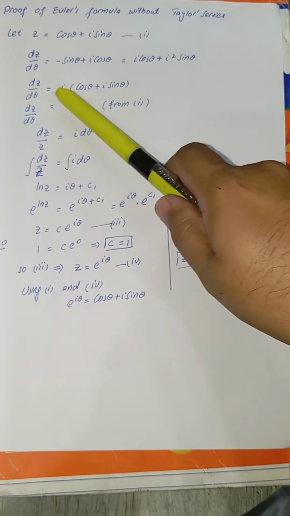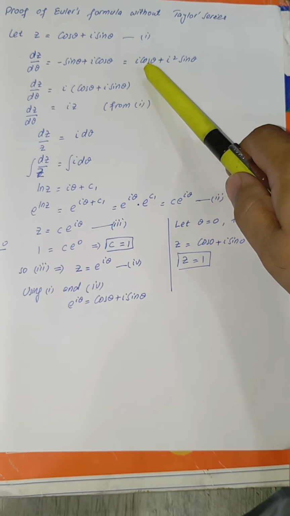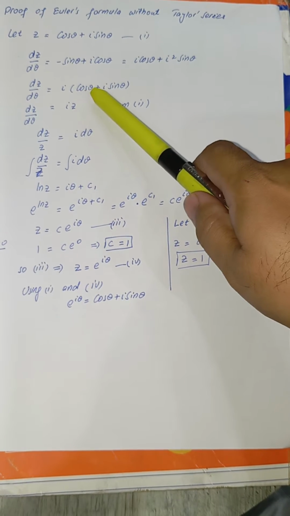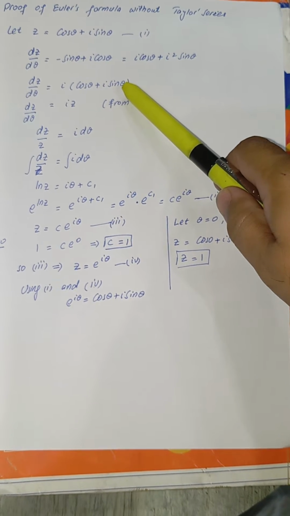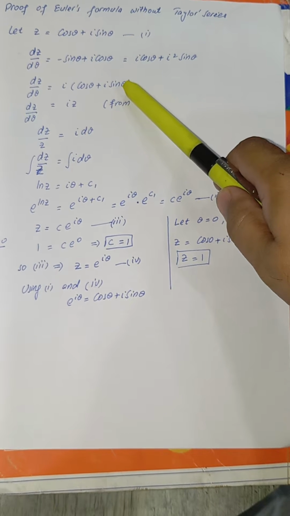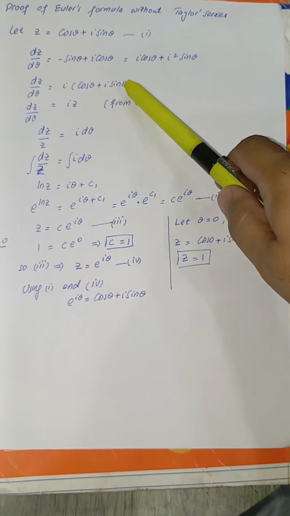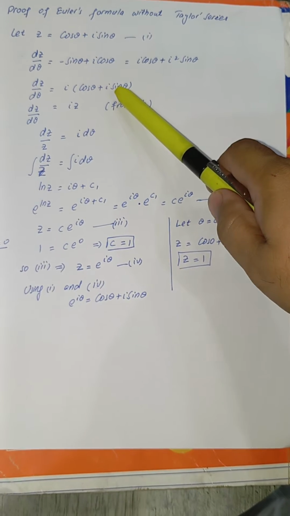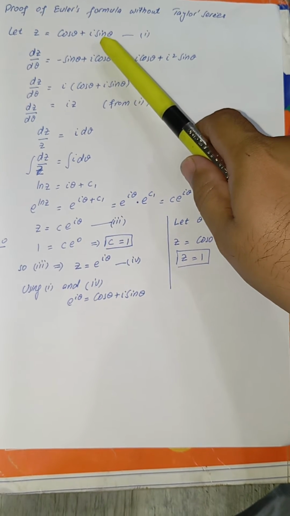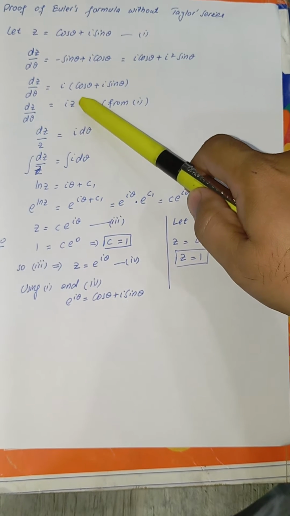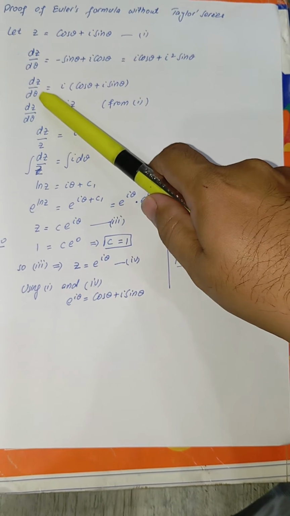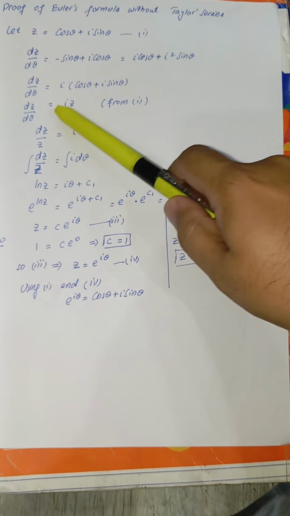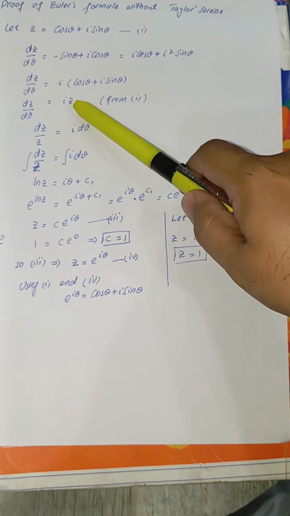After taking common iota, it becomes iota cos theta plus iota sin theta. You can see that from 1 we can replace it by z, so it becomes dz by d theta is equal to iota z.